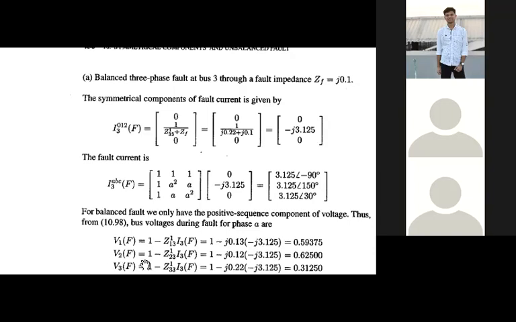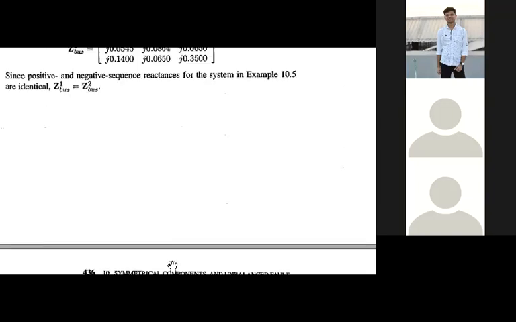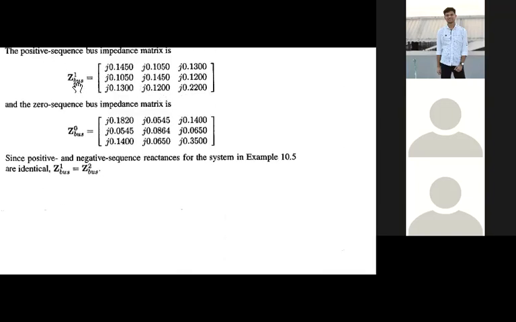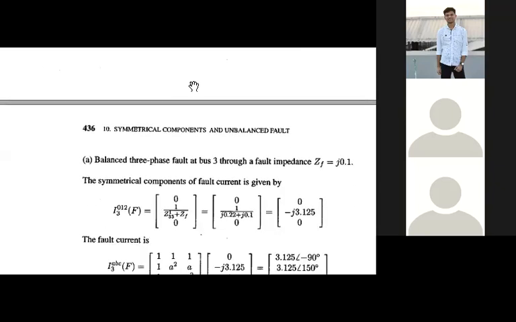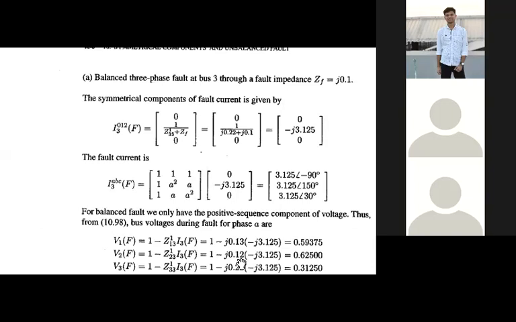Likewise, we can find the bus 2 voltage during fault based on the 2, 3 information, Z231. Okay, let's check Z23. This is Z1 and Z23 will be this one, right? So Z23 is 0.12. Z23 and your I3F is already there.